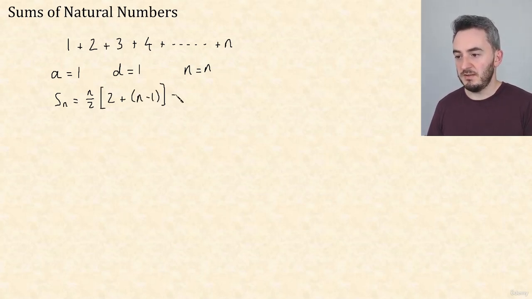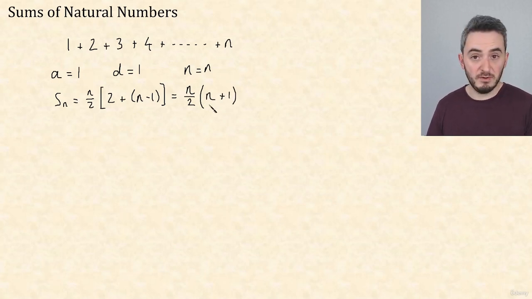And we can just neaten this up a bit, n over 2, and it's 2 plus n minus 1, so that's just n plus 1. And there it is.